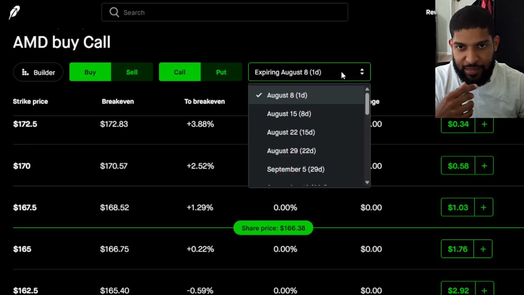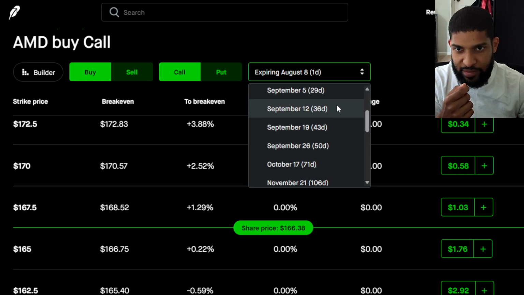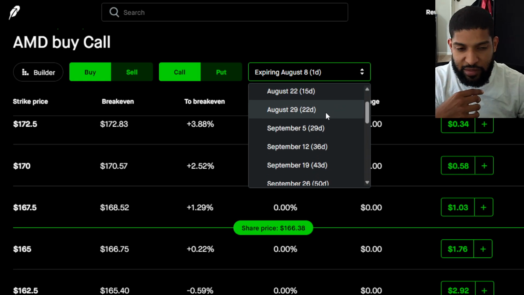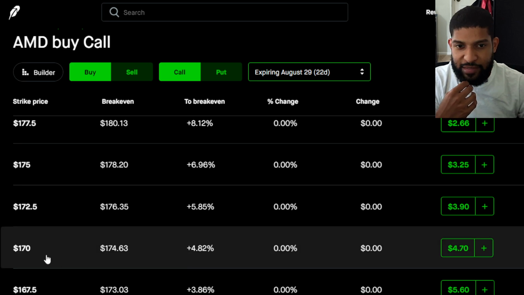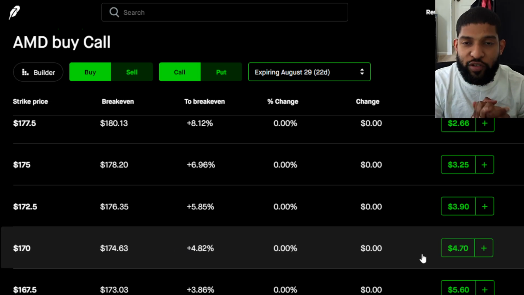And another thing, let's say you push the expiration date out to the end of August 29th. Let's say you buy the 170 contract. You don't have to hold your contract until it expires.